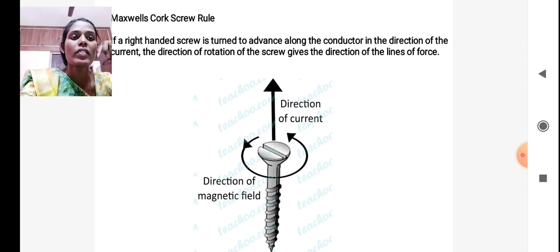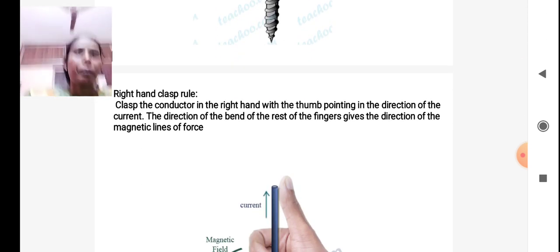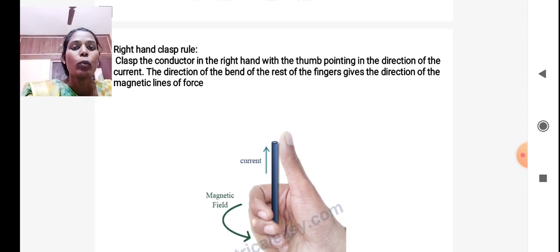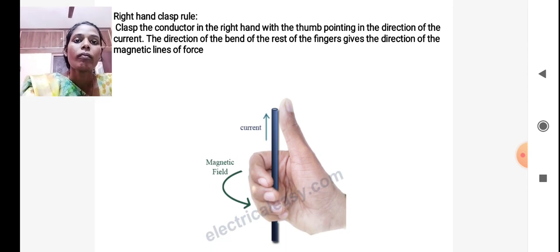This gives information about the direction of the magnetic lines of force as well as the direction of the current. The next important rule is the right hand clasp rule. Imagine yourself clasping a conductor in the right hand. When you clasp a conductor, your four fingers except the thumb bend.